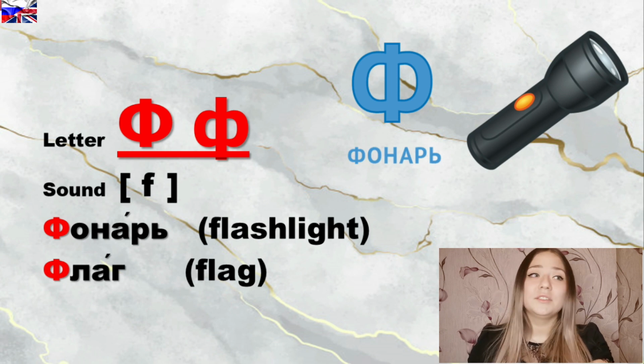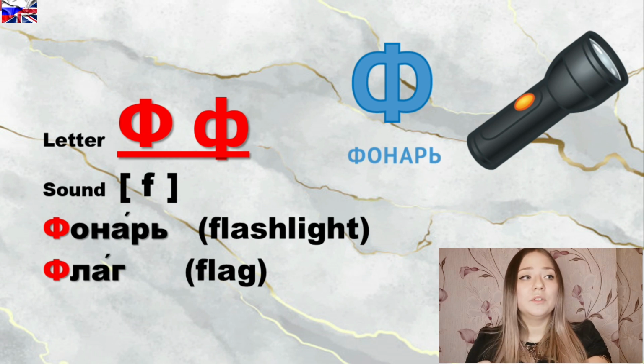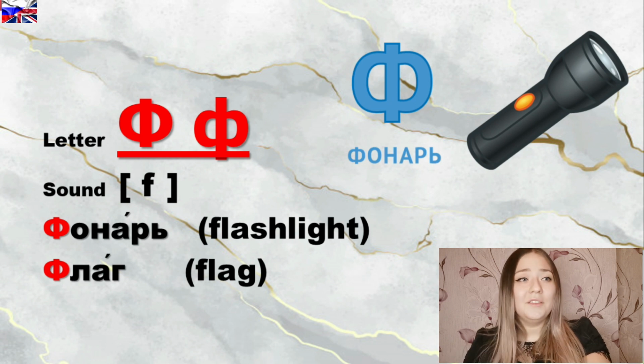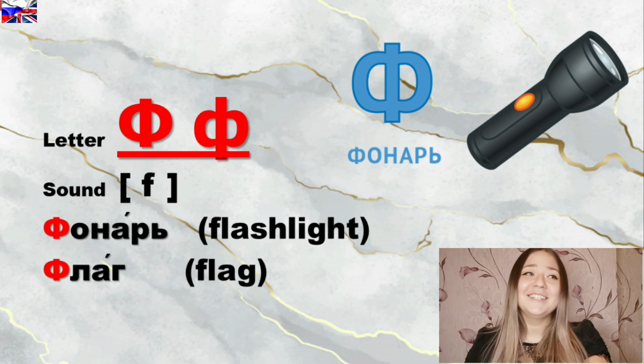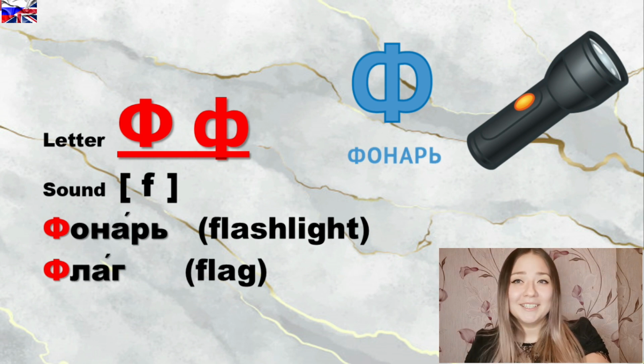So nothing difficult in this one, yes? You also have the sound F in the Latin script, for example, in the English language, in Spanish, in any language, I guess, the sound F exists. So nothing difficult, nothing tricky. It's just written differently, yes? It's written in the Cyrillic script, but you just have to memorize it and everything will be fantastic.